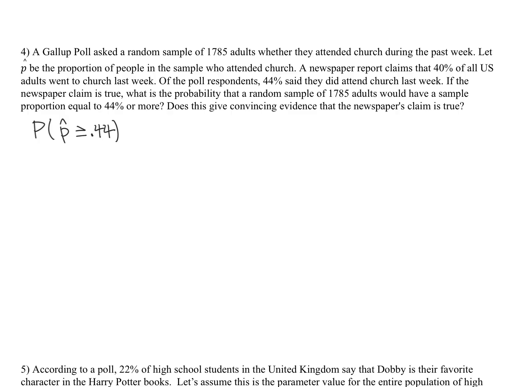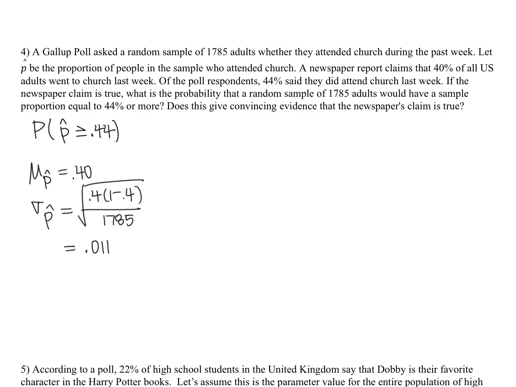So then the other percentage is going to be your mean. So mean of p hat is 0.40. Standard deviation, 0.4 times 1 minus 0.4 all over 1,785, which is going to give us a standard deviation of 0.0116.